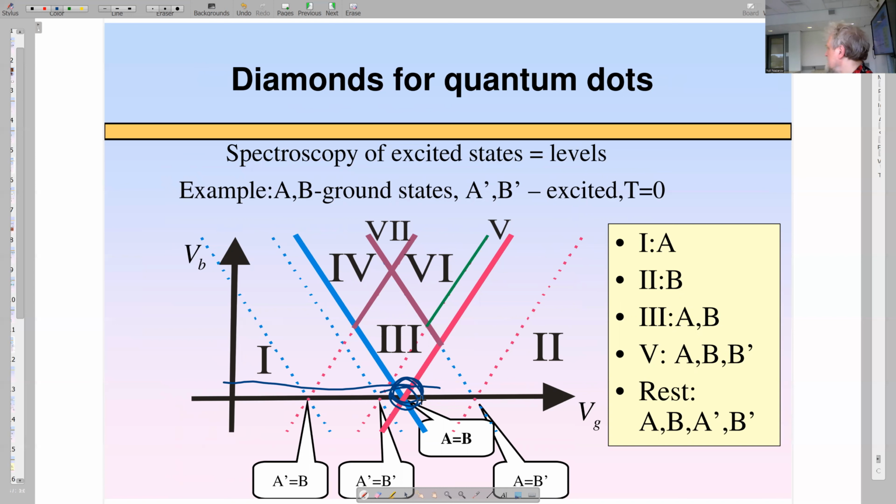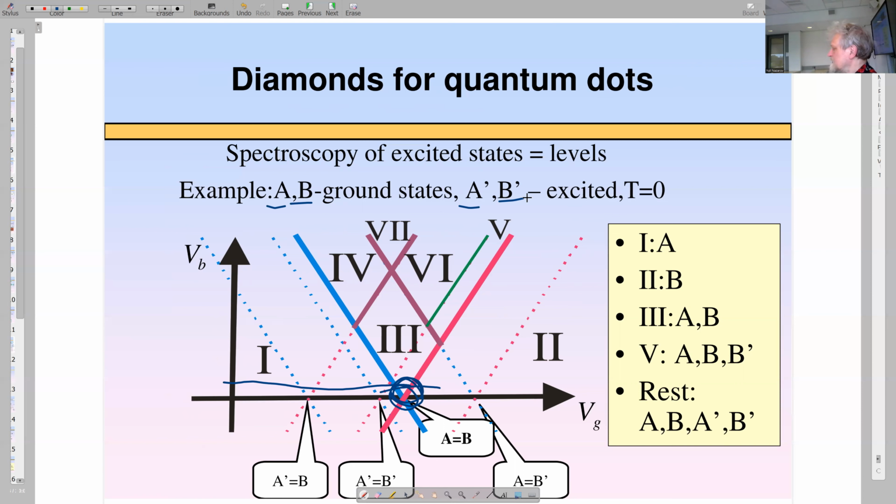In this case, the transitions are between ground states of the dot with different numbers of electrons. Suppose I have excited states. I have two ground states for different numbers of electrons and an excited state in each dot.